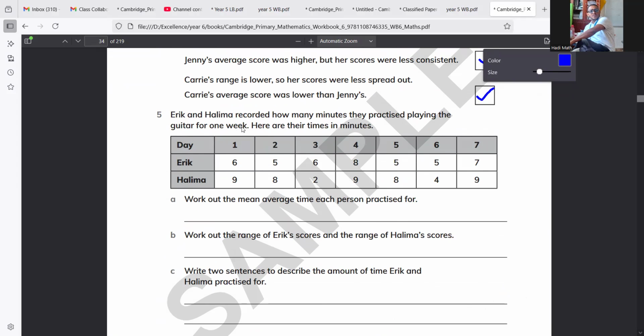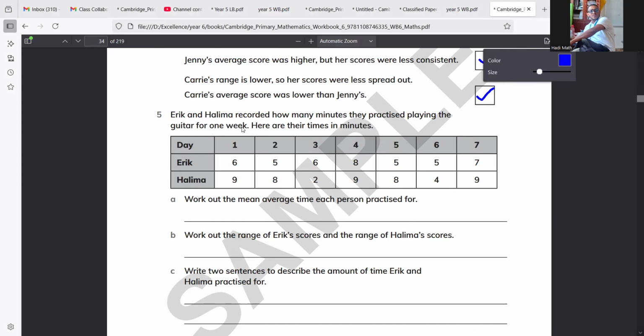Here are 4 of their times in minutes. Look at the days, we have day 1, day 2, day 3, day 4, day 5, day 6, day 7, up to day 7 being the last one.